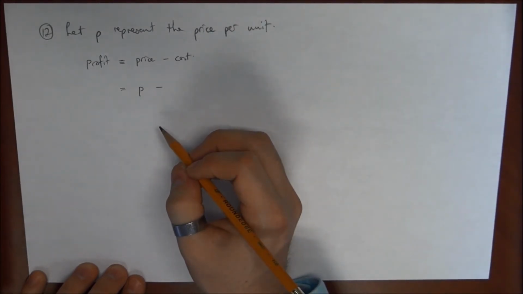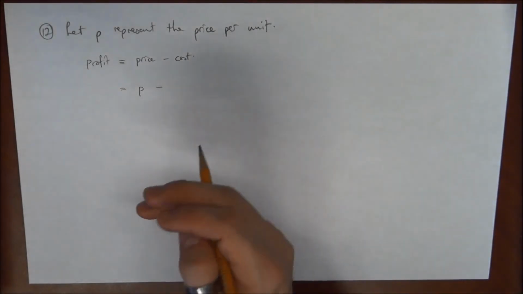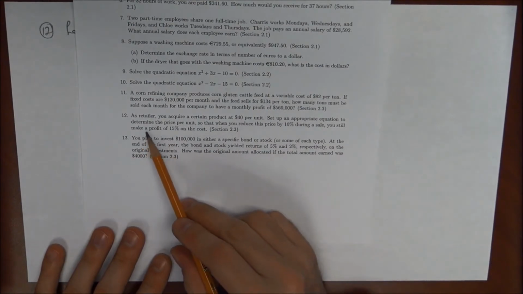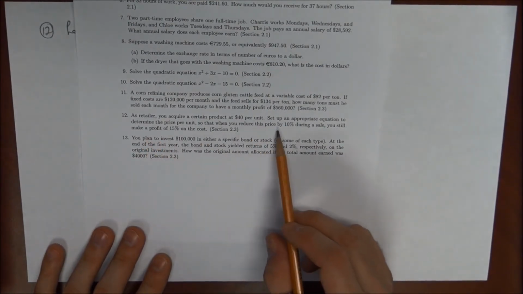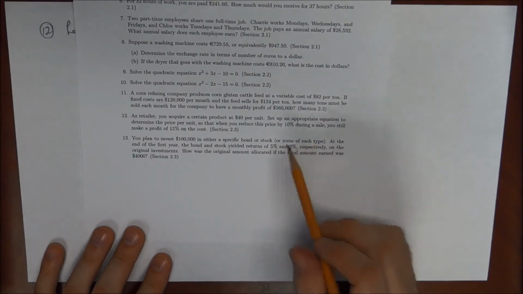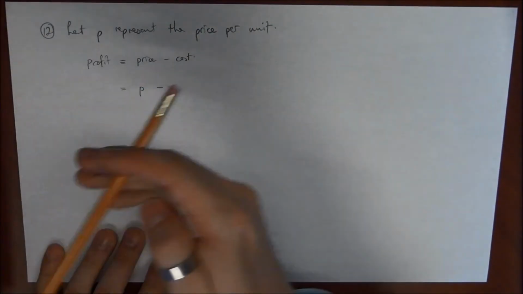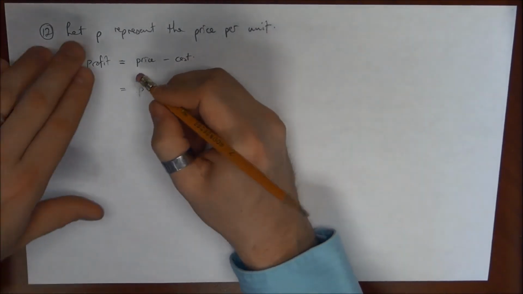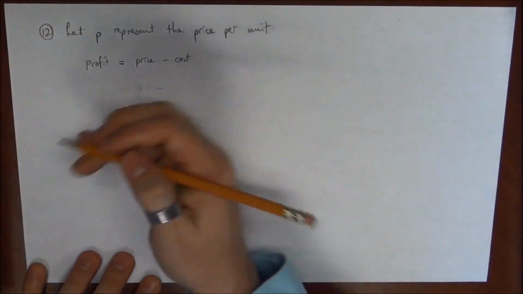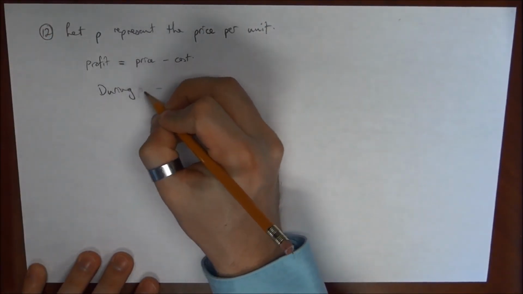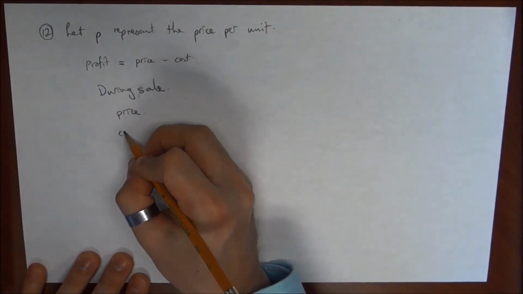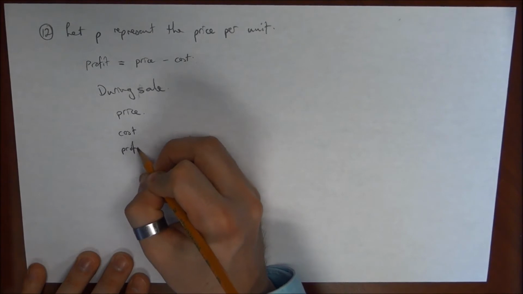Well, no, I have to be careful, don't I? Because the information that they give me, or what they want in terms of the target profit, is during a 10% sale. So let's just take a step back, erase this with my terrible eraser, and say, during the sale, what is my price, what is my cost, and what is my profit?